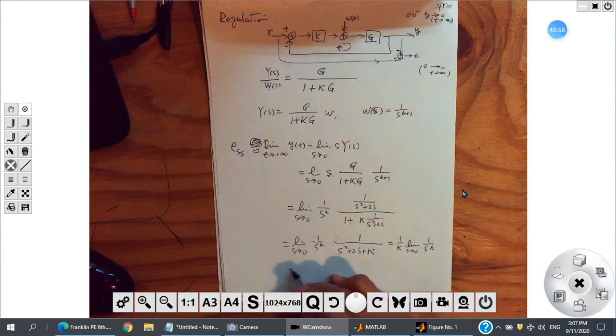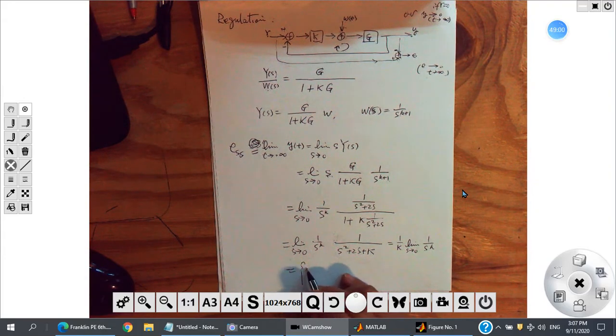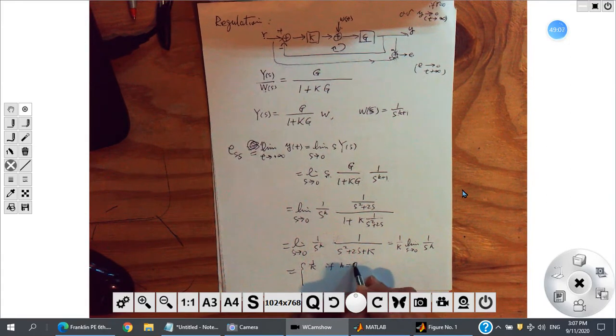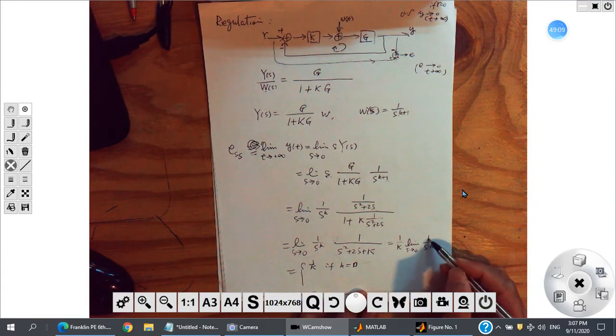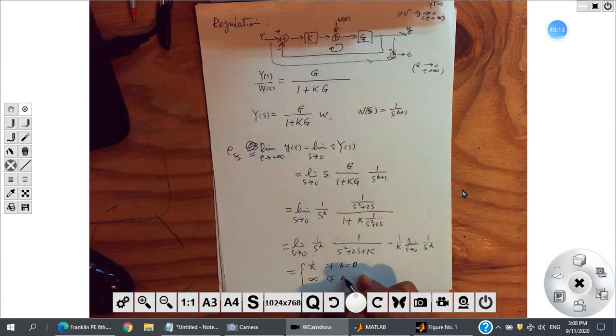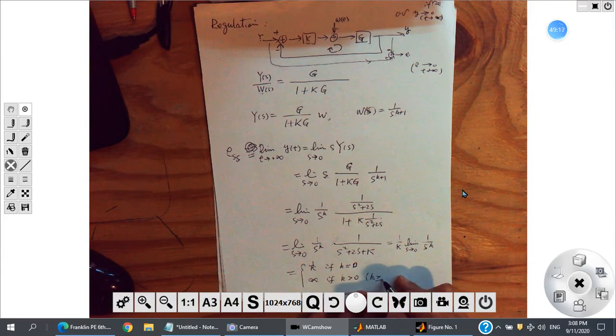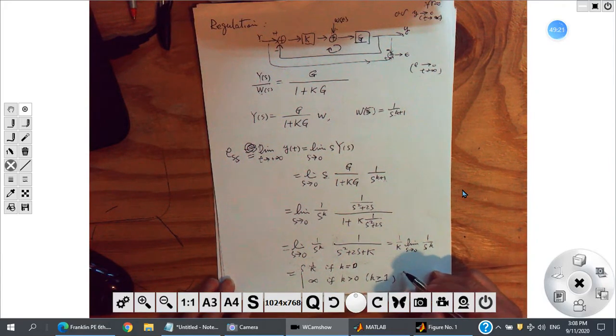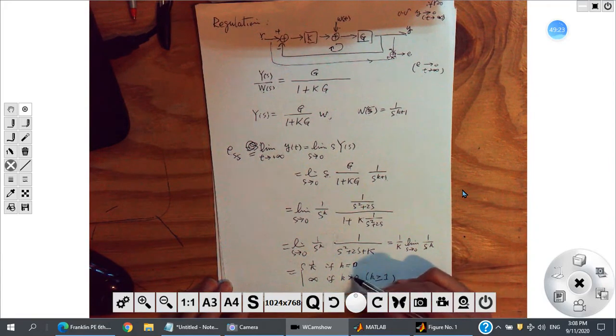So this value will be 1 over K. If lowercase k is 1, the exponent is 0, right? It's 1 over 1. Then it's infinite if k is larger than or equal to 1, right? So that means when k is larger than 0, it's infinite.